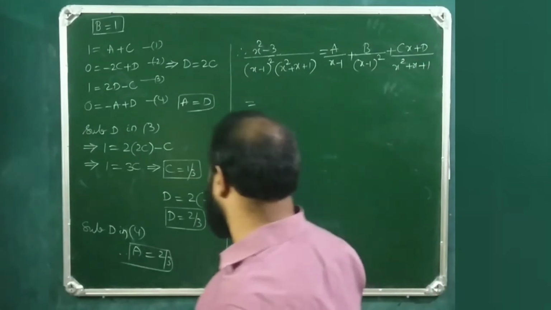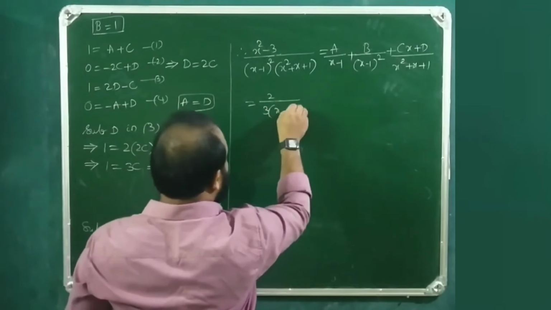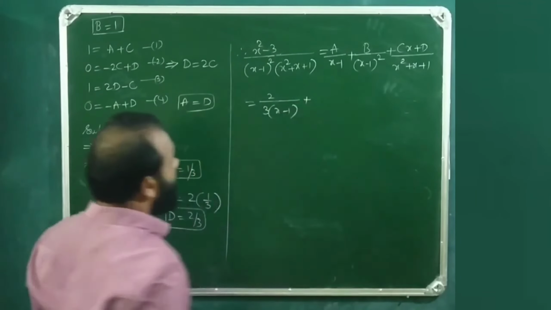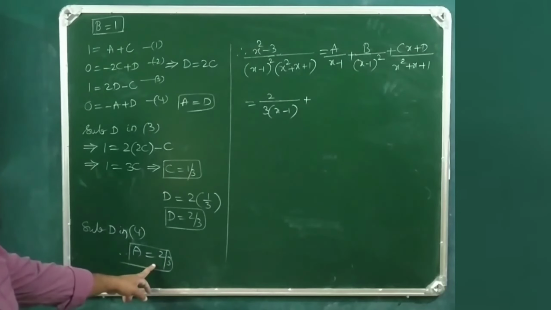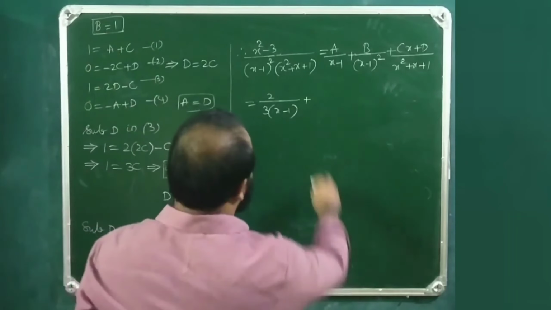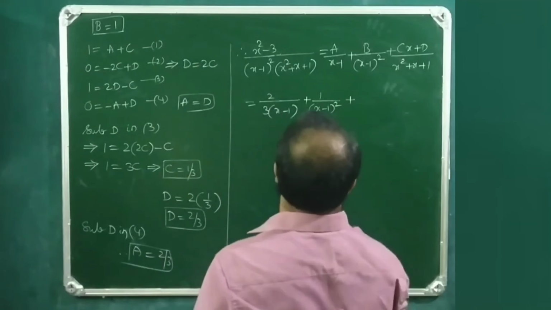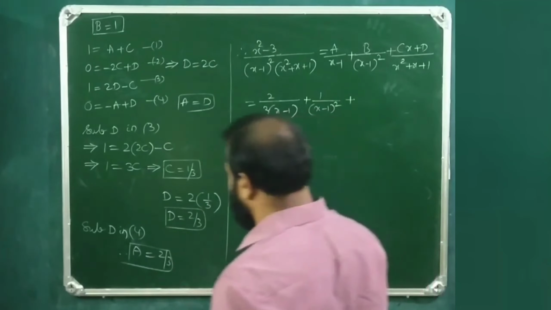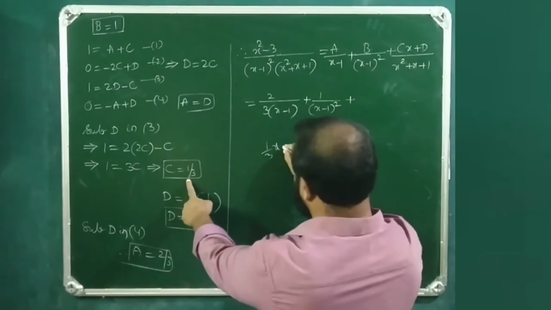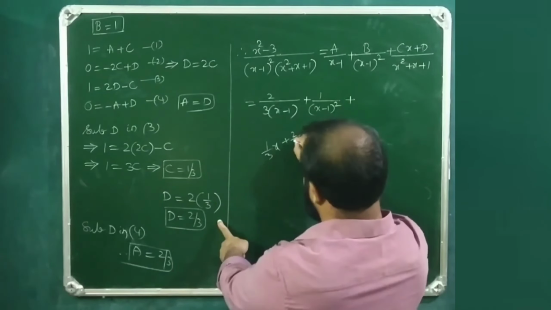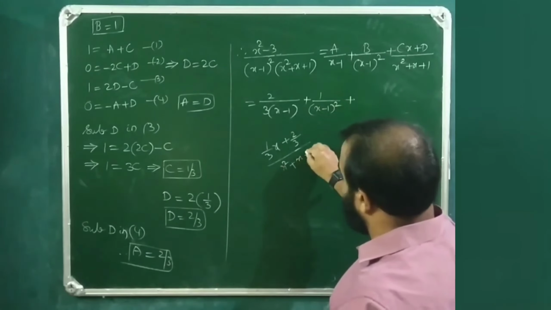The value of a is 2 by 3, so (2/3) by (x − 1), plus the value of b is 1, so 1 by (x − 1)², plus (cx + d): c value is 1 by 3, x plus d value is 2 by 3, by (x² + x + 1).